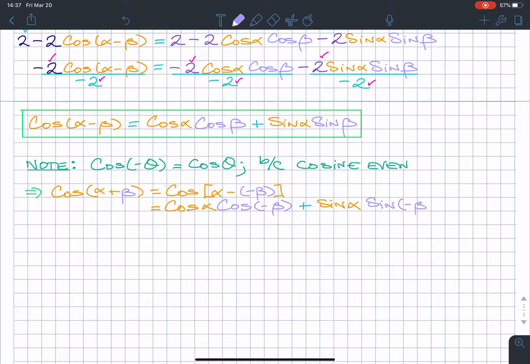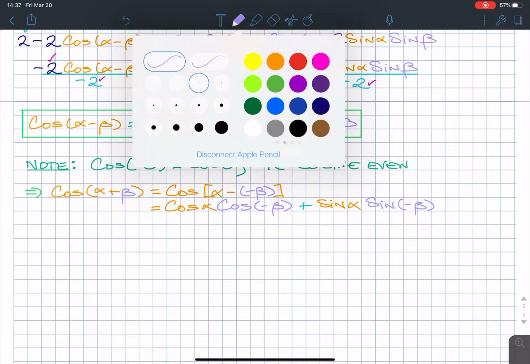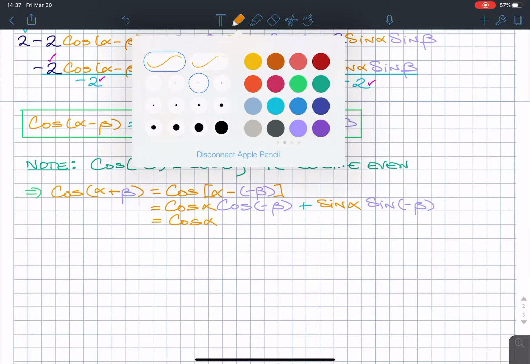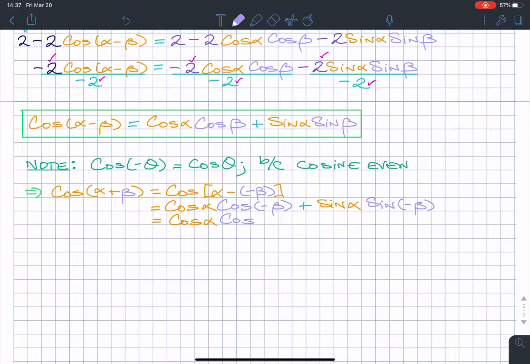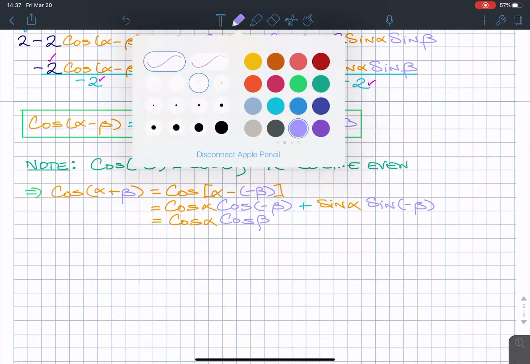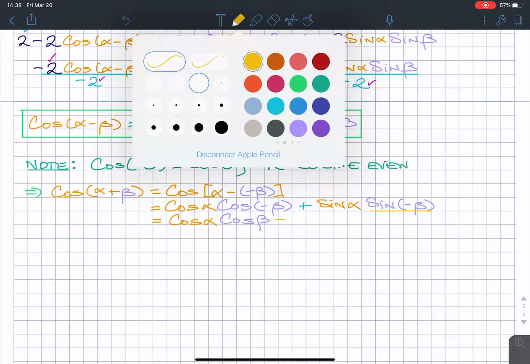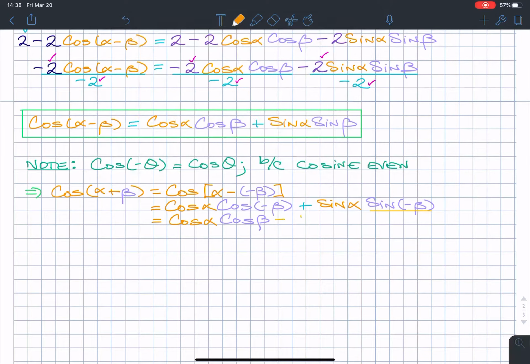But what type of a function was sine? Sine was an odd function, right? So we know that since cosine is even, cosine of negative beta is the same as cosine of positive beta. However, since sine is odd, it'll be negative. So this is minus sine of alpha, sine of beta, because the negative came out in front.